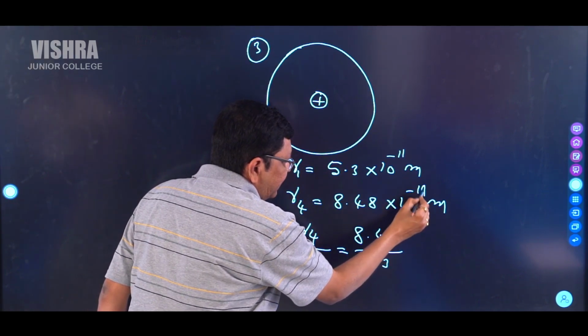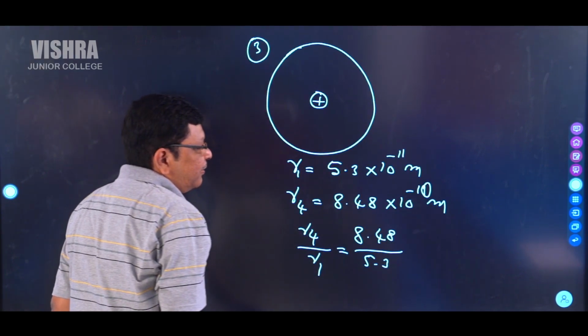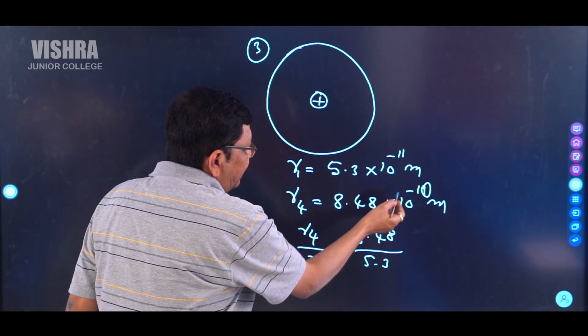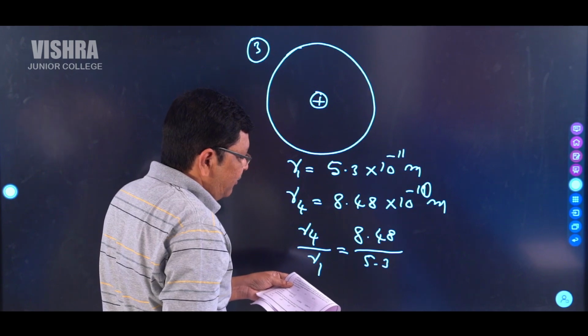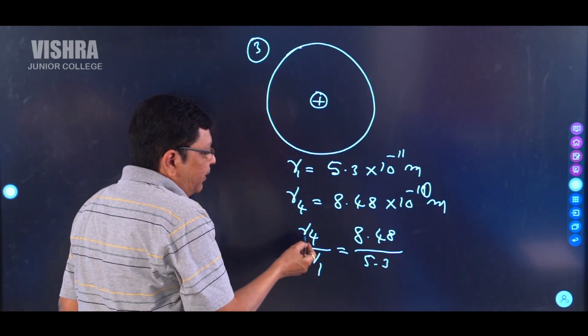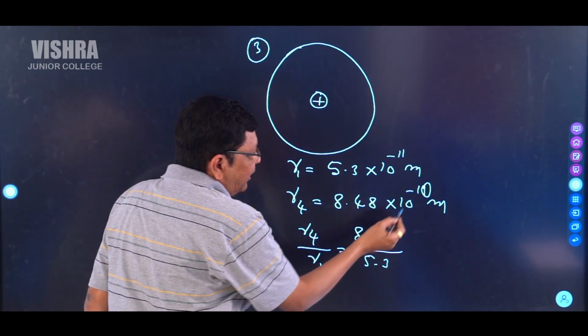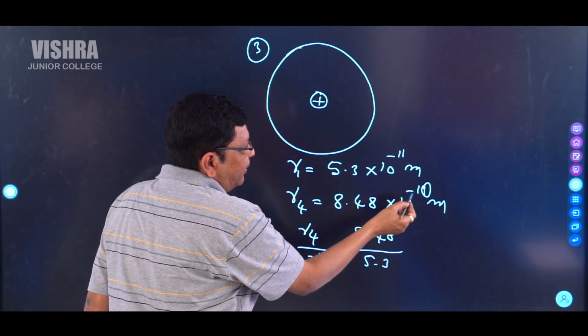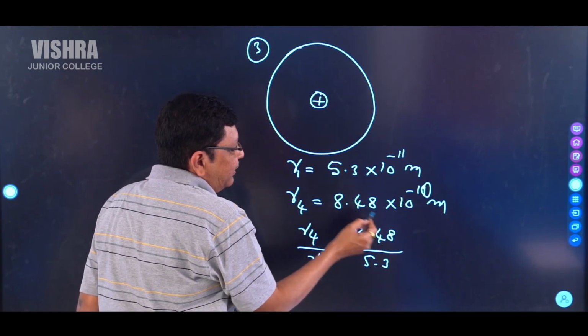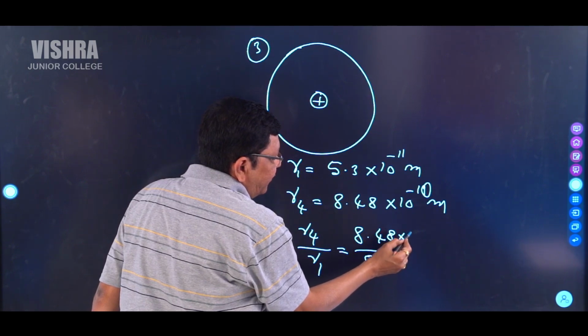I think in the question it is given as 10 power minus 10, nearly 10 power minus 10 meter is given. So I can write it as 10 into 10 power minus 11, that is 8.48 into 10.